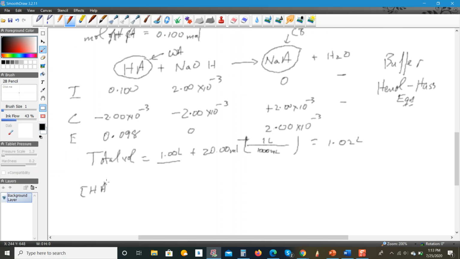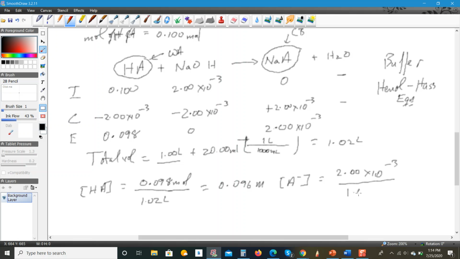All right. So now we can calculate the concentration of each component in this mixture, starting with the HA. That would be equal to the number of moles, 0.098 moles, divided by the volume, which is 1.02 liters. And according to my calculations, that works out to be equal to 0.096 M. And then I do a similar calculation for the A minus, that would be equal to 2.00 times 10 to the minus 3 moles divided by the volume, which is 1.02 liters.